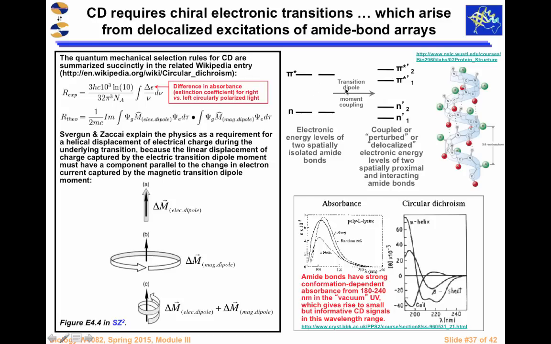So what this means is that depending on the occupancy state of the orbitals in one amide bond, it perturbs the energy level of the orbitals in the other amide bond that's nearby. And so in two isolated amide bonds, the two n orbitals would have the same energy. These are the occupied ones in the ground state.